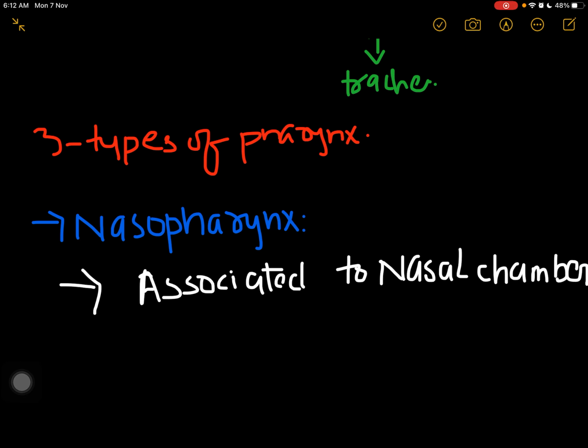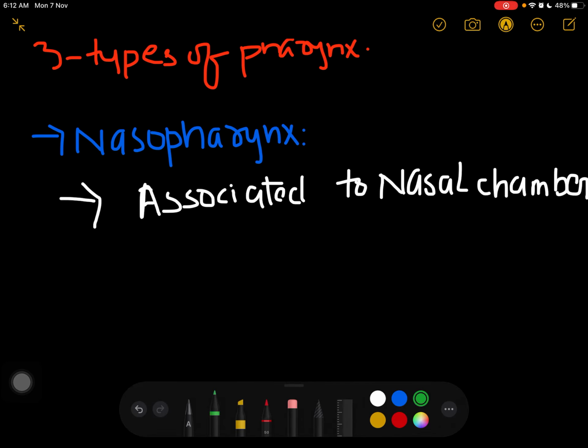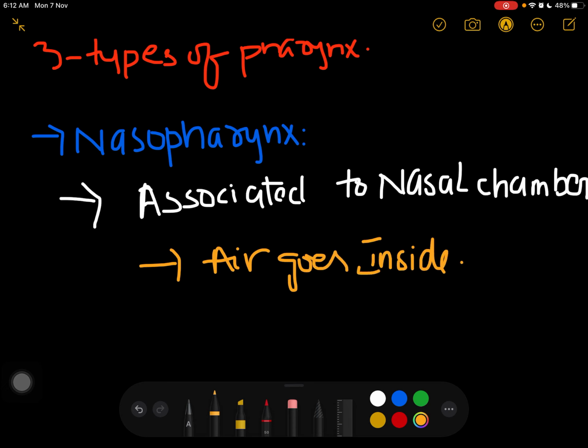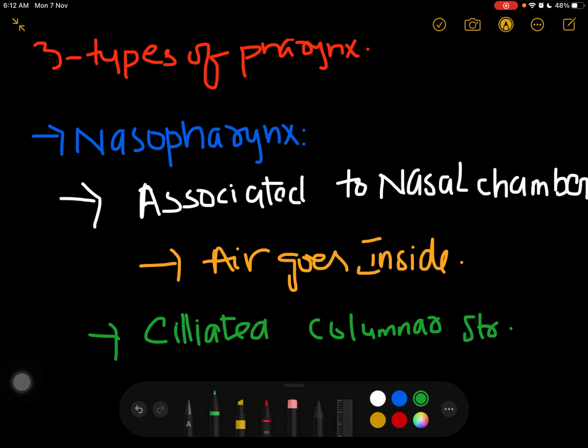It is a passage from where the air goes inside, and it is lined with ciliated columnar stratified epithelium.